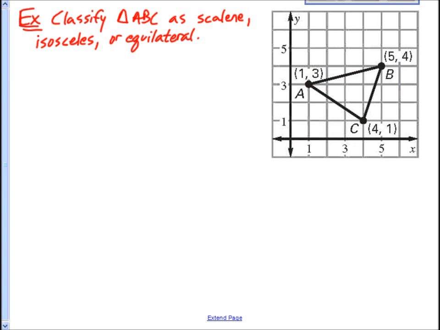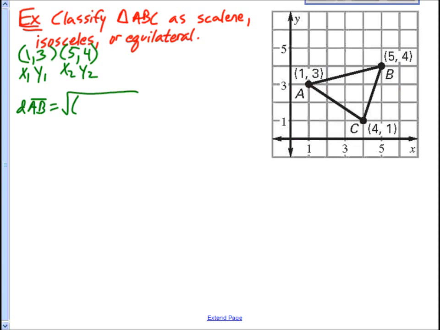Okay, so you just got to go one by one for each line segment. So let's go the distance for line segment AB first. Okay, so for AB, I'm using 1, 3, and 5, 4. I'm finding the distance of that line segment AB. I'm going to name this x1, y1, x2, y2, and the distance for line segment AB.